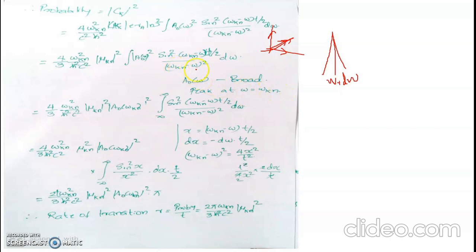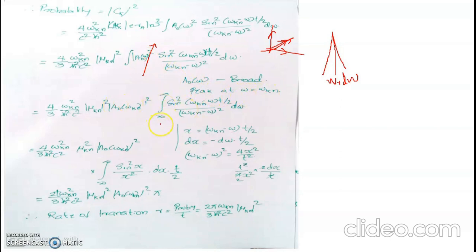See, when omega kn equals omega, this denominator will be tending to 0 and this parameter will be tending to infinity. So overall this probability will be tending to a maximum, showing a peaking nature corresponding to omega equal to omega kn. So you can take a0 of omega as a constant term corresponding to omega equal to omega kn, and it is taken out.